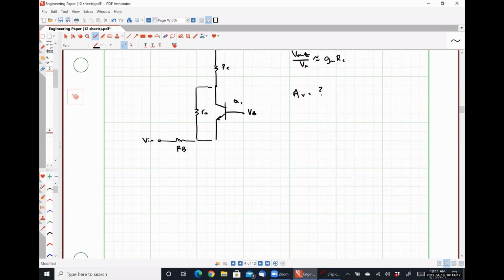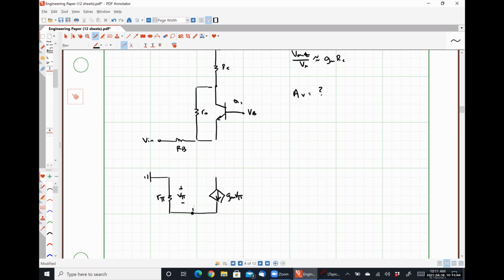all right, so I'm going to draw this guy with the Miller resistances already in place, so my base terminal is grounded. So here is resistor R pi. Here is voltage V pi. Here I have GM V pi.